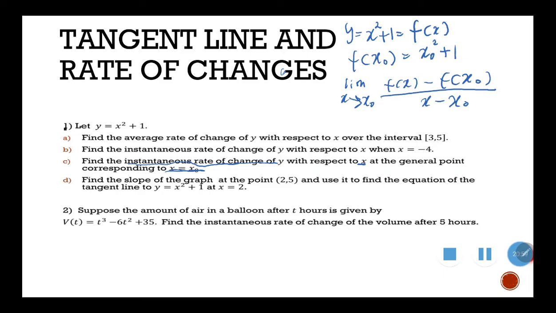So we continue here. The limit as x approaches x naught, f(x) is x squared plus 1 minus (x naught squared plus 1) over x minus x naught.